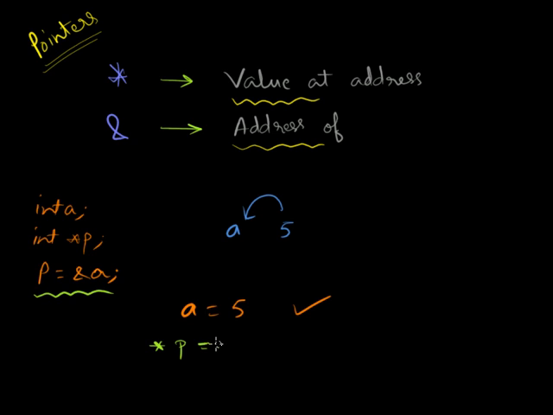So this also does the same thing. You are actually saying that value at address of a is 5. So ultimately 5 gets stored in the value at address. So this is correct.